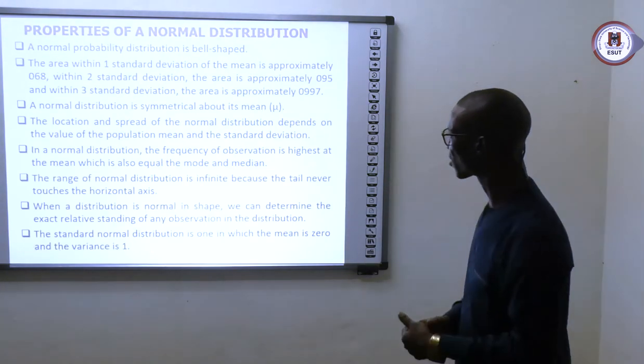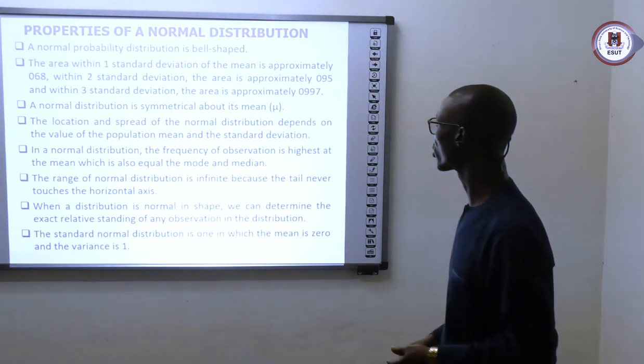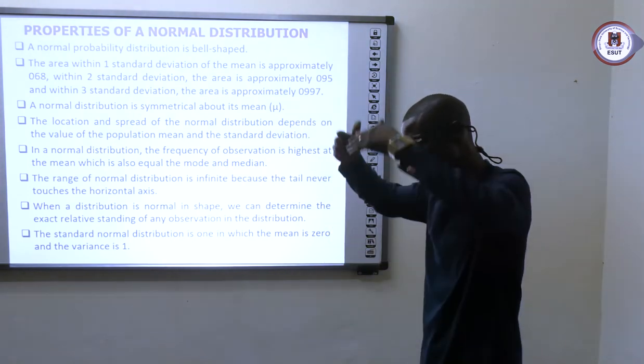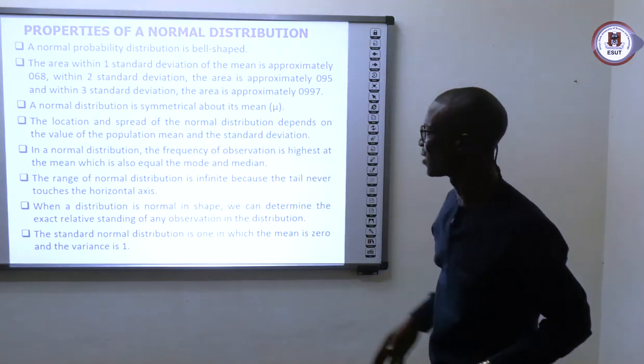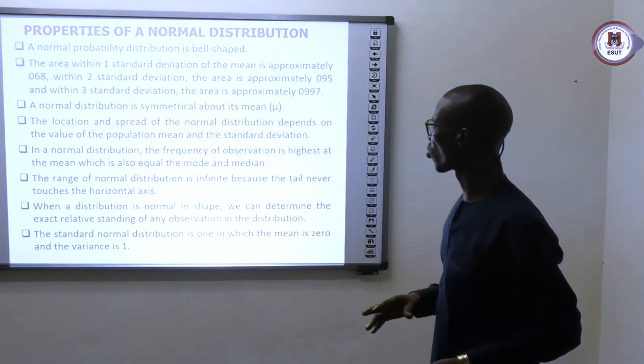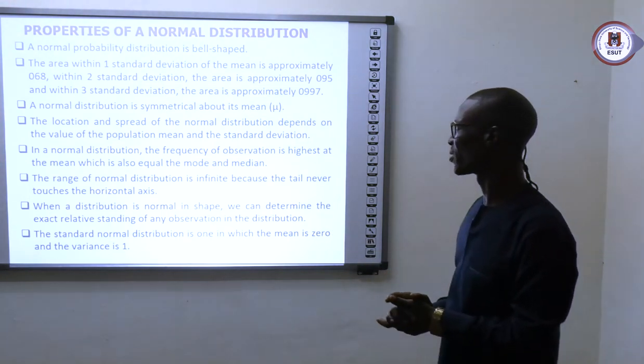So what are the properties of normal distribution? The normal probability distribution is bell shaped, as we said, that is the U shape you saw there. The area within one standard deviation of the mean is approximately 0.68.